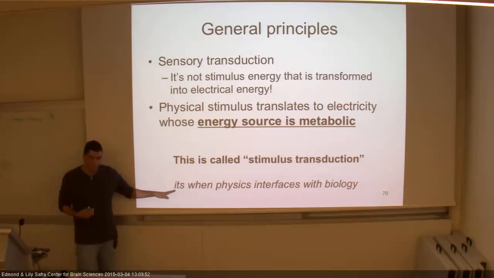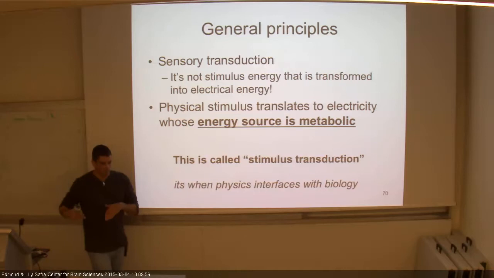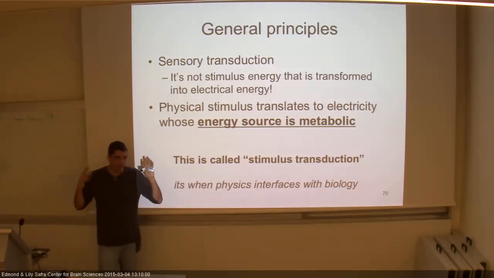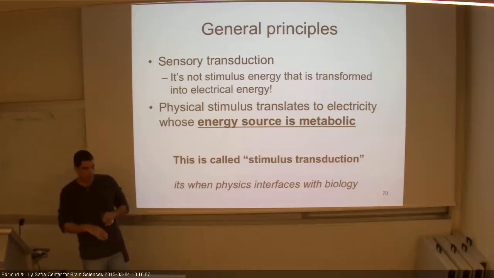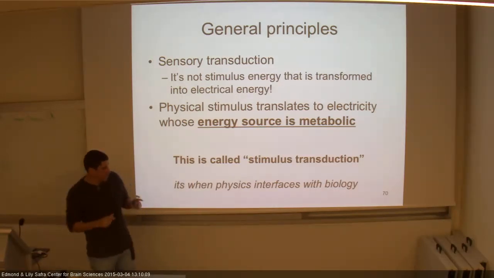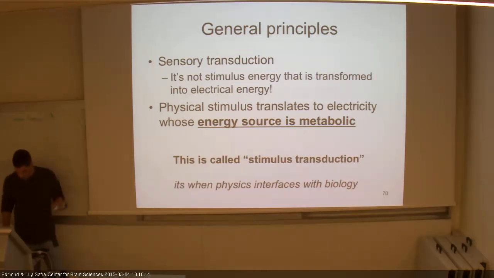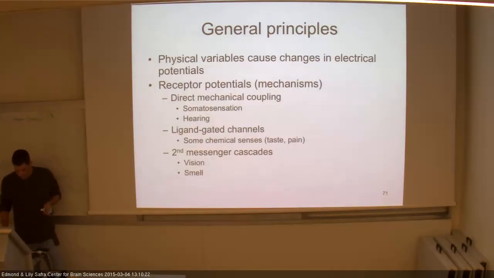And the first interaction is where physics and biology interact, and once you go into the system, it's basically a similar language. All different energy, be it light, sound, touch, etc., are transduced into electrical information, and the energy we then speak about is metabolic from this point on, once it reaches the nervous system.